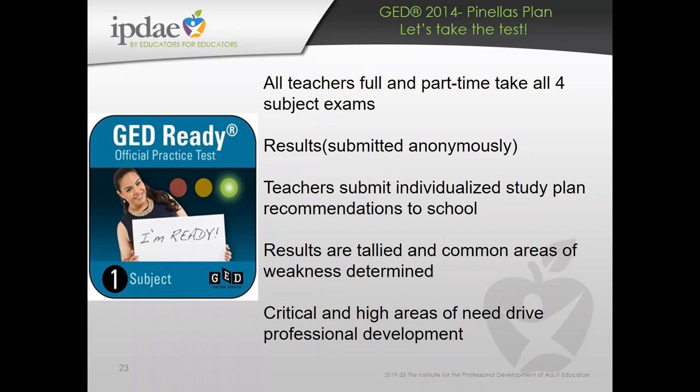Medium level was 25 to 50, and a low area meant that less than 25% of the people who took the exam missed that particular skill. Teachers were asked to work on their own study recommendations individually so that they knew what their plan was, and the district started to formulate plans to address all critical and high areas that were indicated by the results.